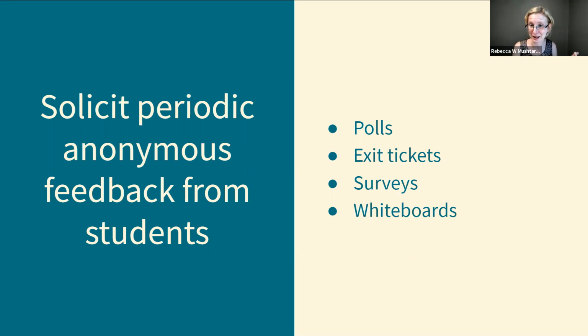We might be experimenting with something in class, so checking with students about it can be helpful, but also just checking in generally, treating our students a little bit as collaborators and partners rather than opposition, by doing polls or exit tickets or surveys or whiteboard activities where you're soliciting feedback from students about what to keep doing, maybe what to change, or things they've seen in other classes that they'd like to see you try. That's not to say you have to do all of the things or change anything, but at least hearing from students about their experience can be informative.